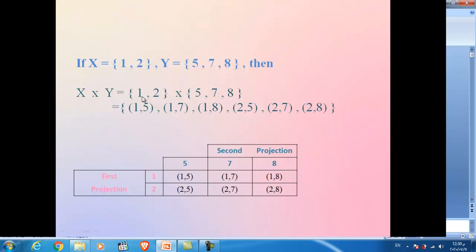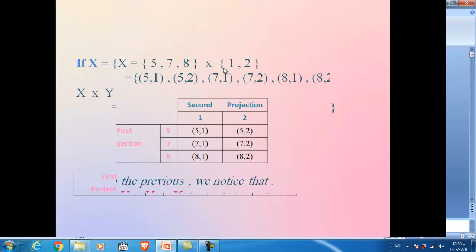So we will take 1 with 5, and 1 with 7, and 1 with 8, then 2 with 5, 2 with 7, 2 with 8. So the answer is (1, 5), (1, 7), (1, 8), (2, 5), (2, 7), and (2, 8). So when we multiply two sets by Cartesian product, we will take each element of X with each element of Y.